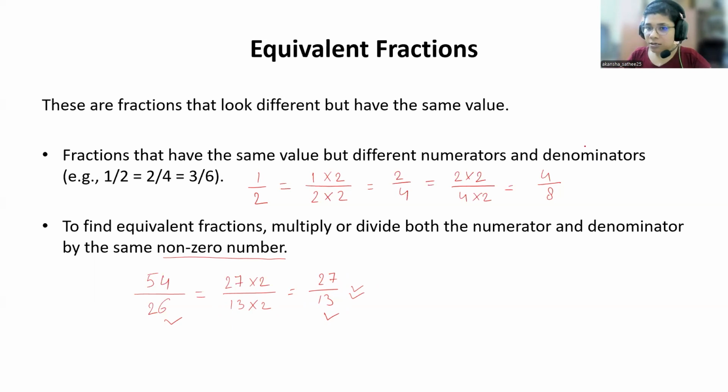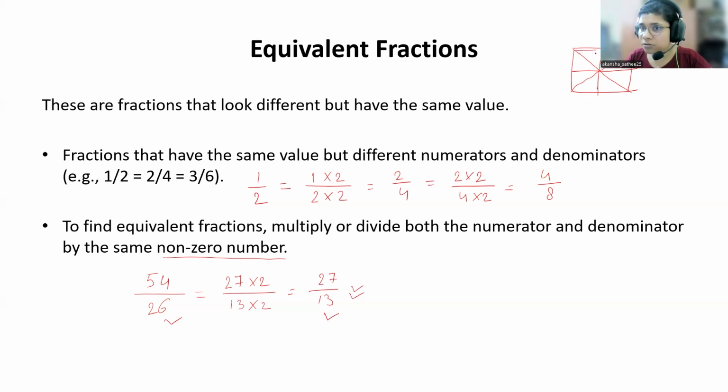So see here, 4 by 8. What does it mean? It means you divide your whole thing into 8 parts, right? How should I divide it into 8? Maybe I will take this and this. 1, 2, 3, 4, 5, 6, 7, 8. 8 pieces. Now you are interested in 4 of them.